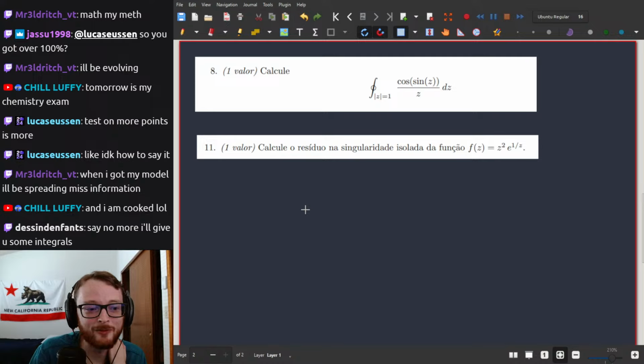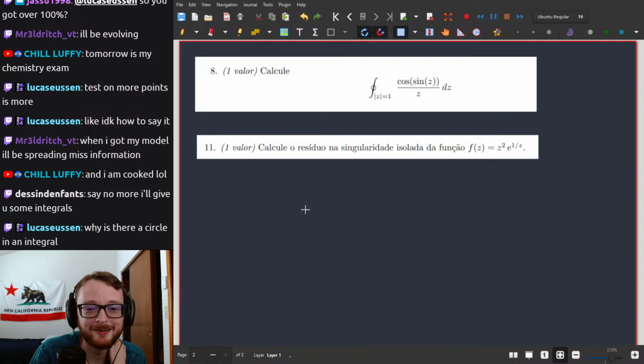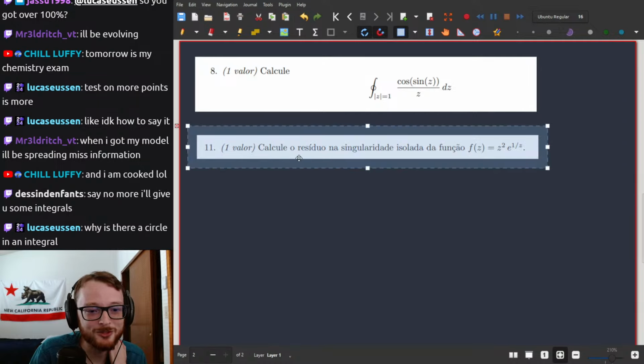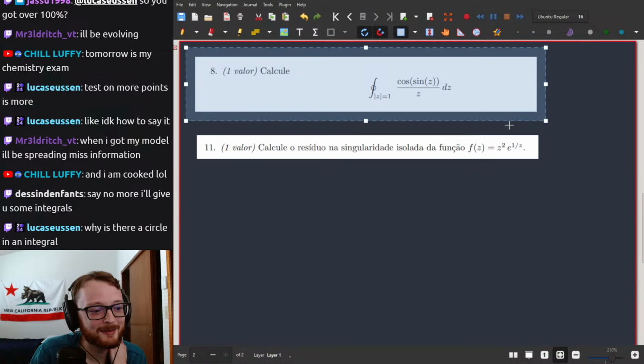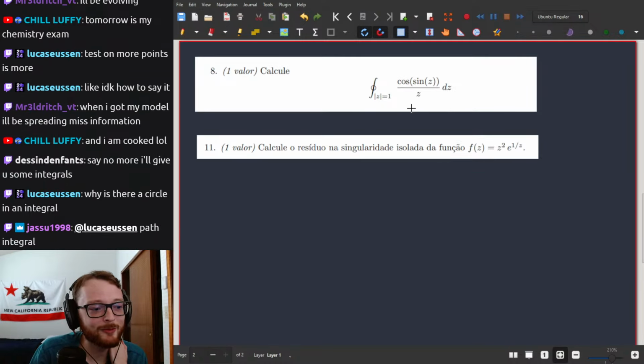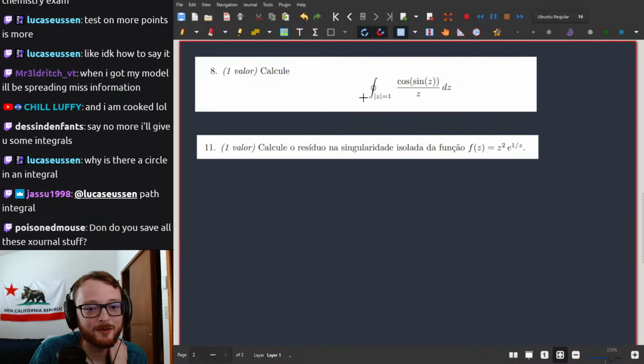Okay, I think neither of these are simple questions here. Which one do we want to start with? Maybe let's start with the residue question. Yeah, so Lucas, when you first learn about integration, it's only in a 2-dimensional space with 1 variable.